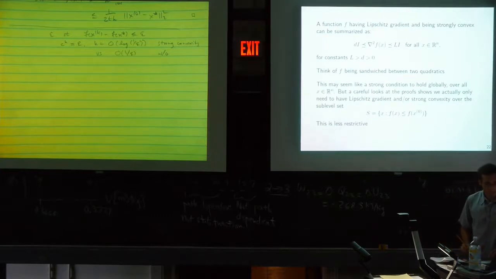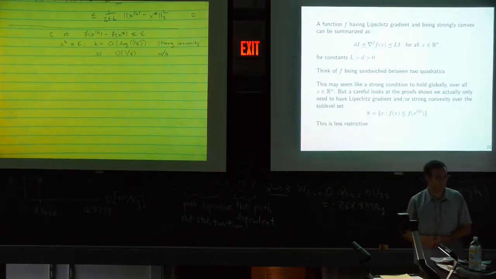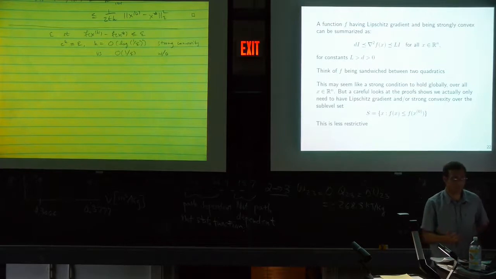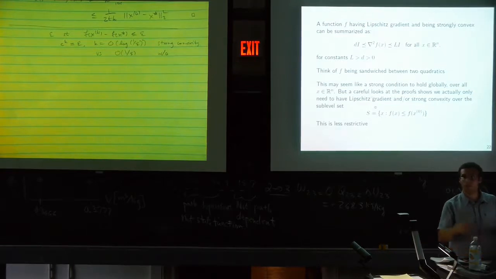And here's one last important comment to answer Yifei's question. What I wrote down was that we need to have this sandwiching, right? That the smallest eigenvalue and the largest eigenvalue of the Hessian are both lower and upper bounded. And that needs to happen over all x in R^n. But if you look back at the proof, how we proved the gradient descent rate for the Lipschitz case, and if you look at the proof, say, in Boyd and Vandenberghe for the strongly convex case, we only need this to be true over some subset of R^n that's sometimes bounded.